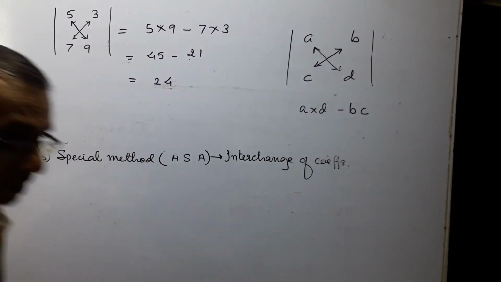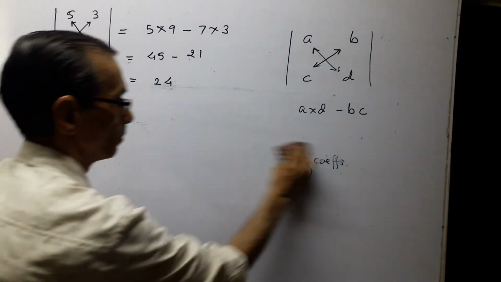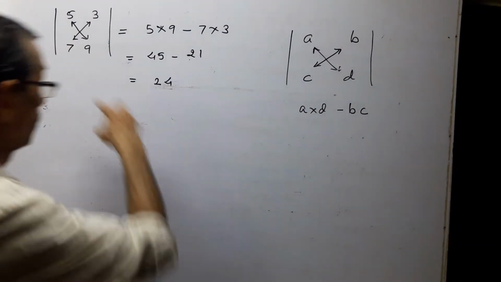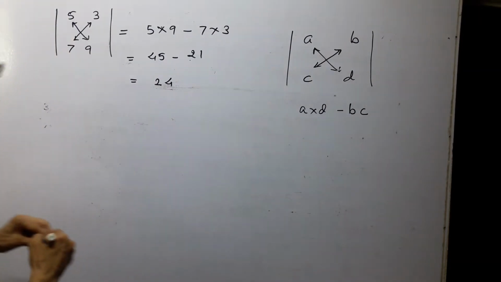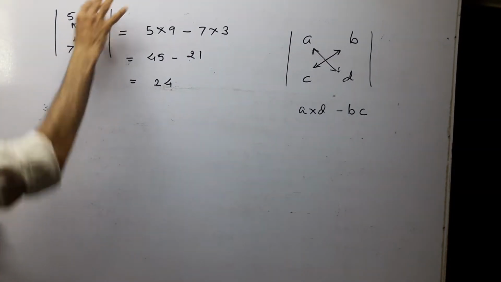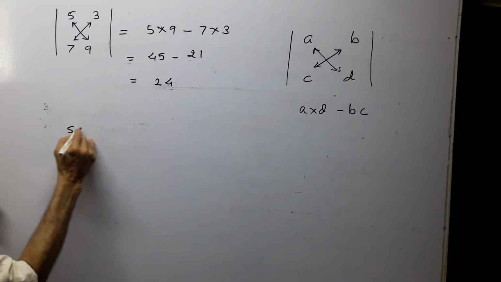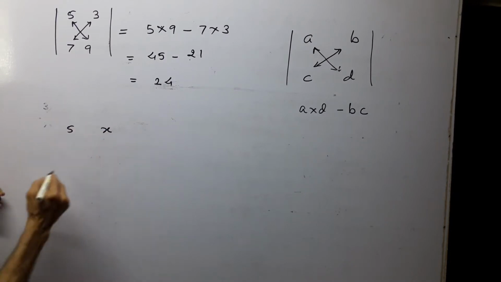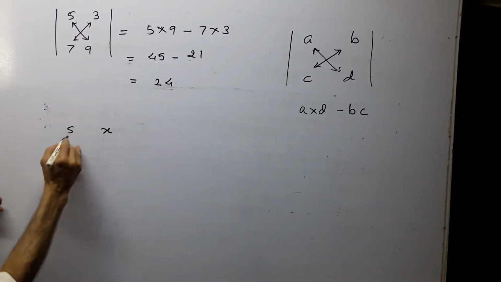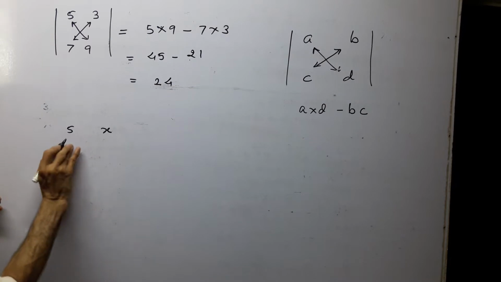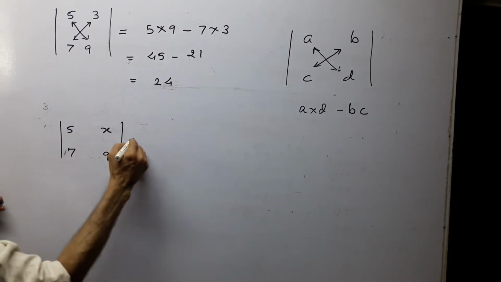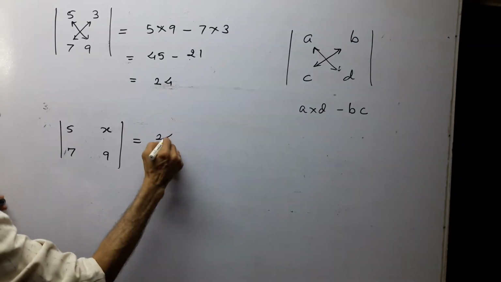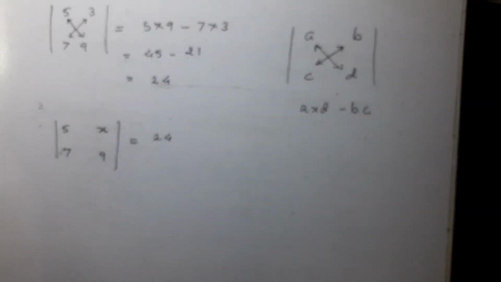Now this type of sum can be asked in the exam. Here one of these will be given as a variable. For example, let us suppose that 3 we do not know. So I write x in place of 3, 5 and x. The rest are as they are, 7, 9, and the value is given as 24.